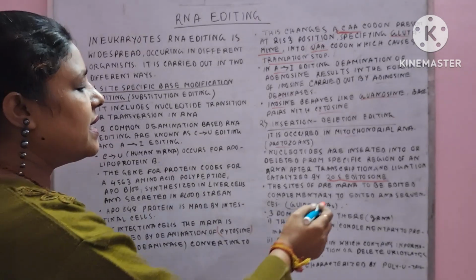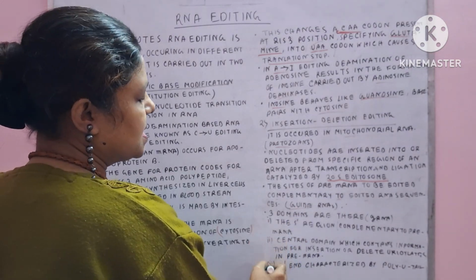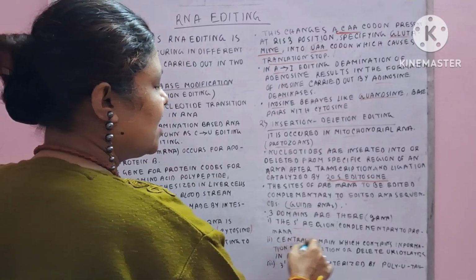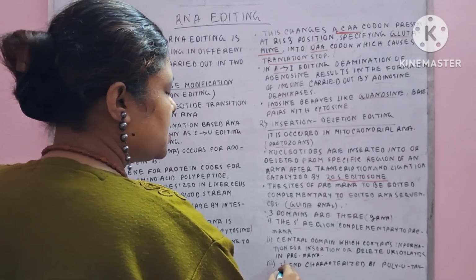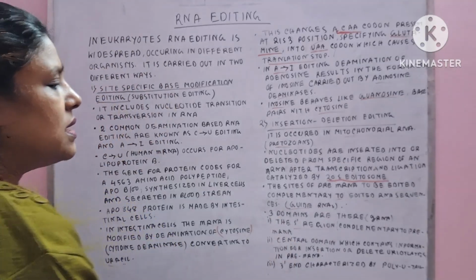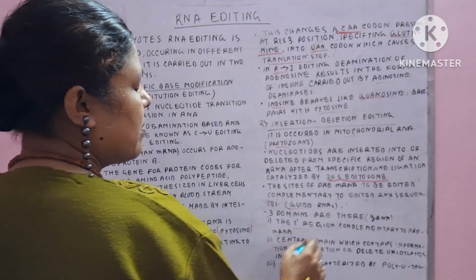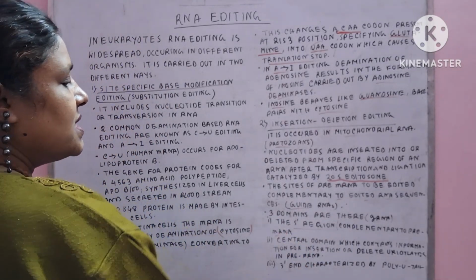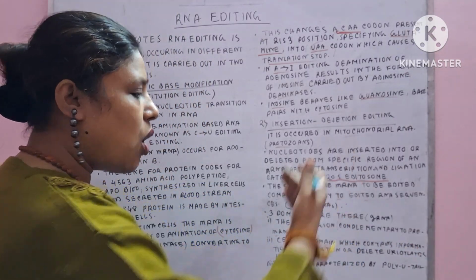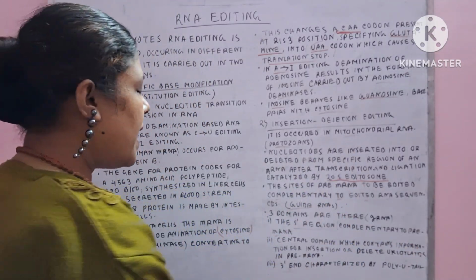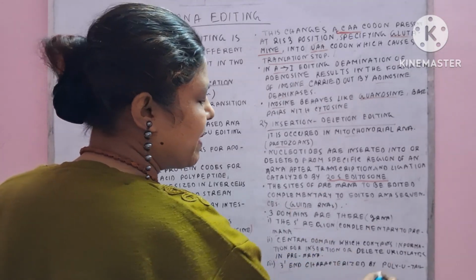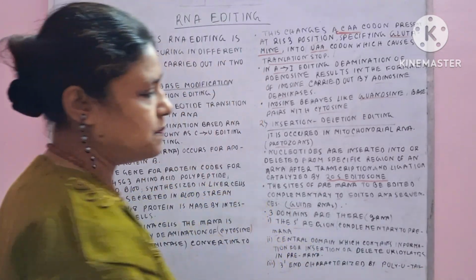And this gRNA has three sites. One is the 5' region, another is the central domain region, and the third one is the 3' end region. The 5' region is complementary to the pre-mRNA, the central region contains the information on what may be inserted or deleted, and the 3' end is characterized by a poly-U tail.